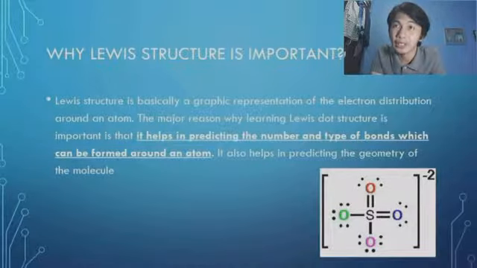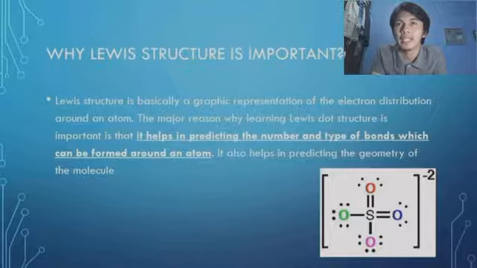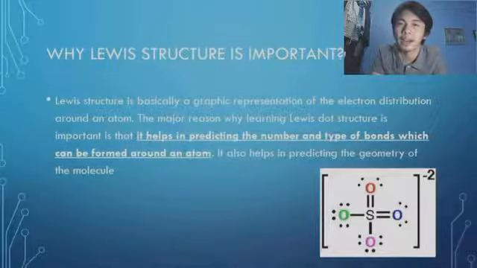It also helps in predicting the geometry of molecules. Knowing the Lewis structure allows you to know how atoms will bond and how many bonds will form. This knowledge eventually allows us to understand the shape of molecules and their chemical properties.